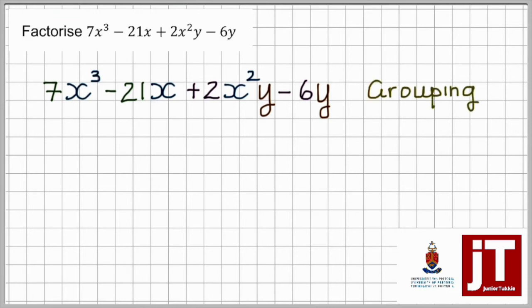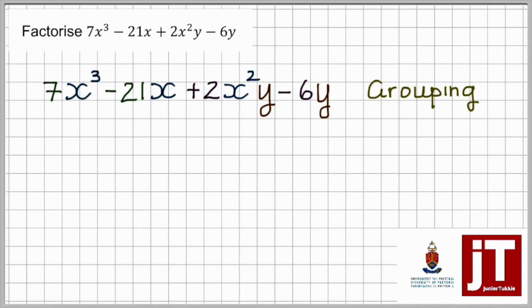And it literally means that we are going to take terms that look similar and have something similar about them together, and then we will factorize further. The thing that they will have similar about them is what we refer to as a highest common factor.